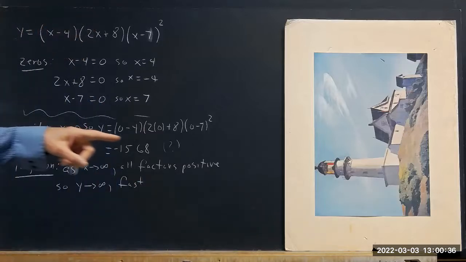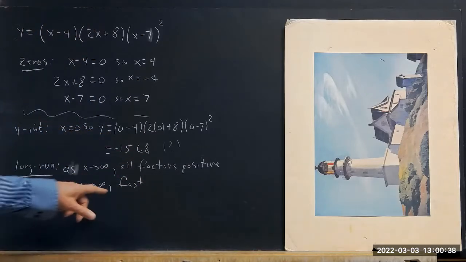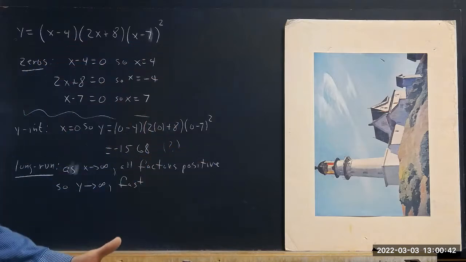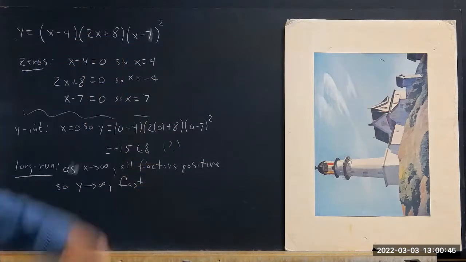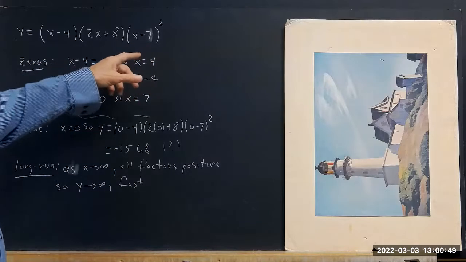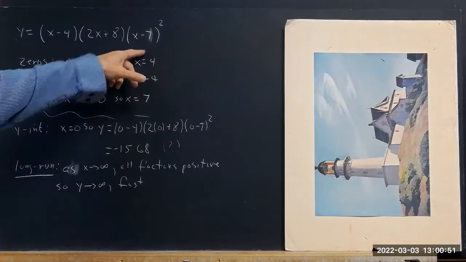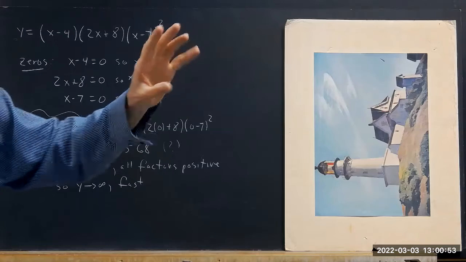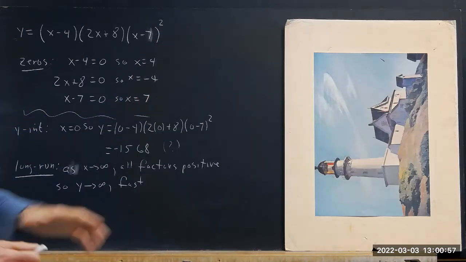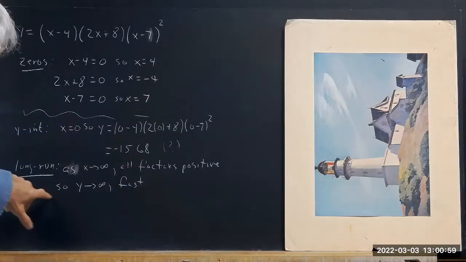As x plods along toward infinity, y, which is a product of a bunch of big numbers, is really big. Because you actually multiply 4 big numbers together. You're really squaring one of them, that's the 2, and then this one and this one. That makes 4 big numbers. And every time you multiply a big number, the thing gets that much bigger. So y approaches infinity fast.